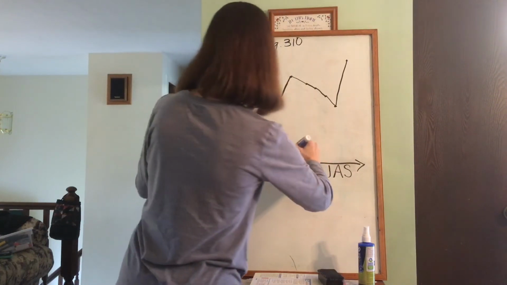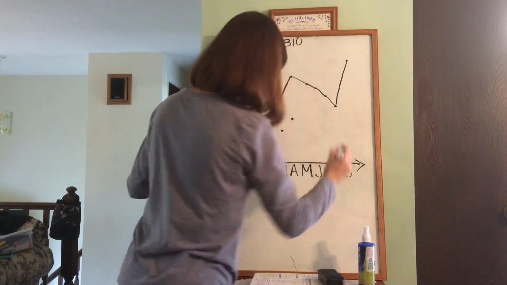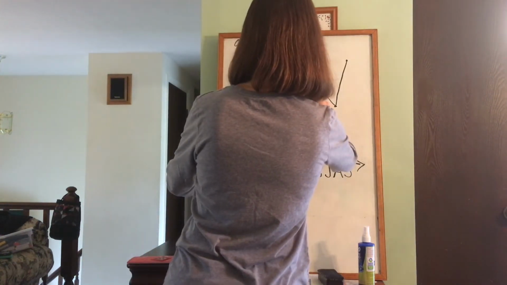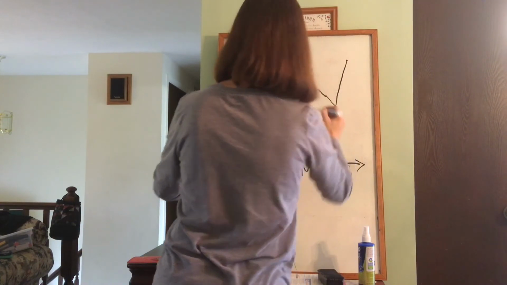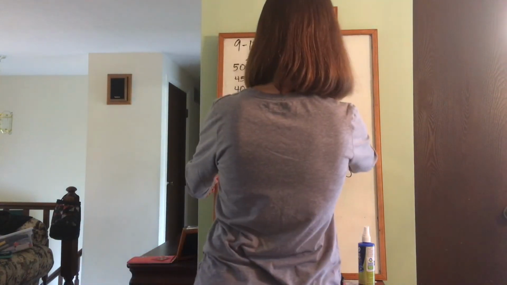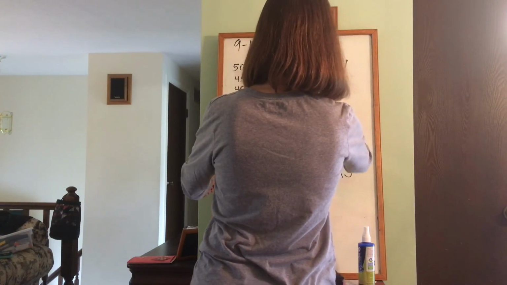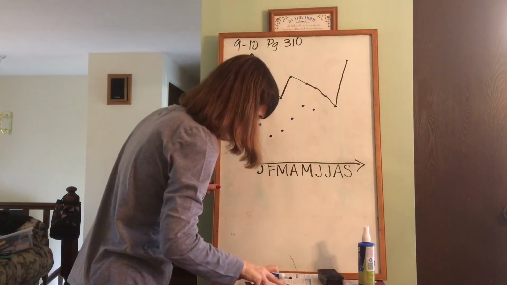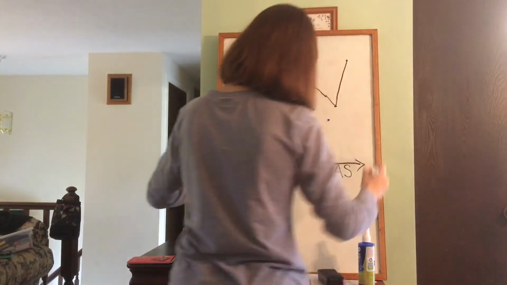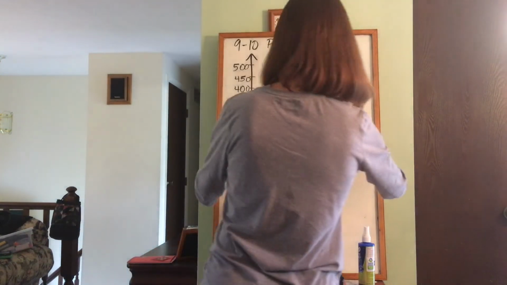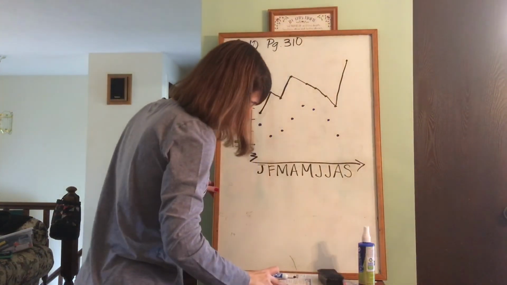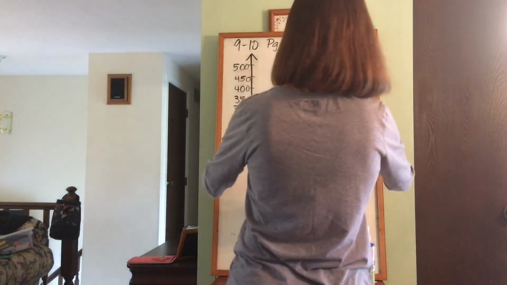April was 250. May was 310. June was 300. July was 250. August was 175. And September was 260.